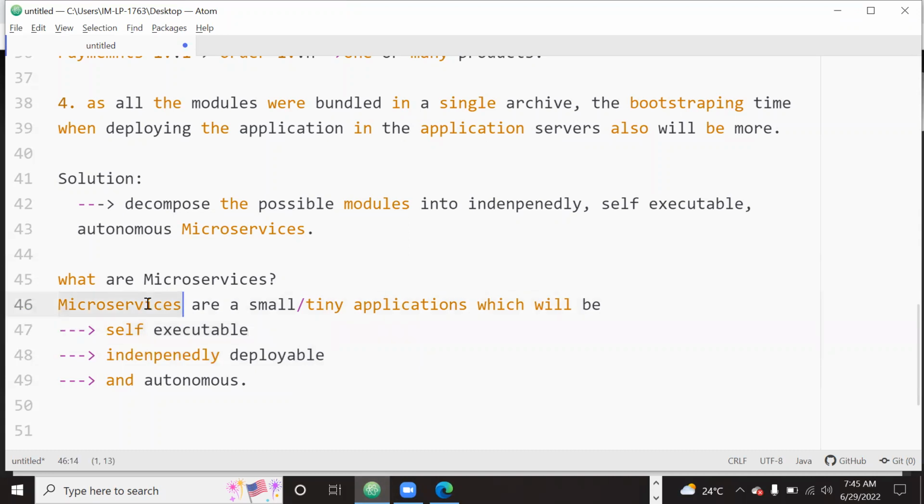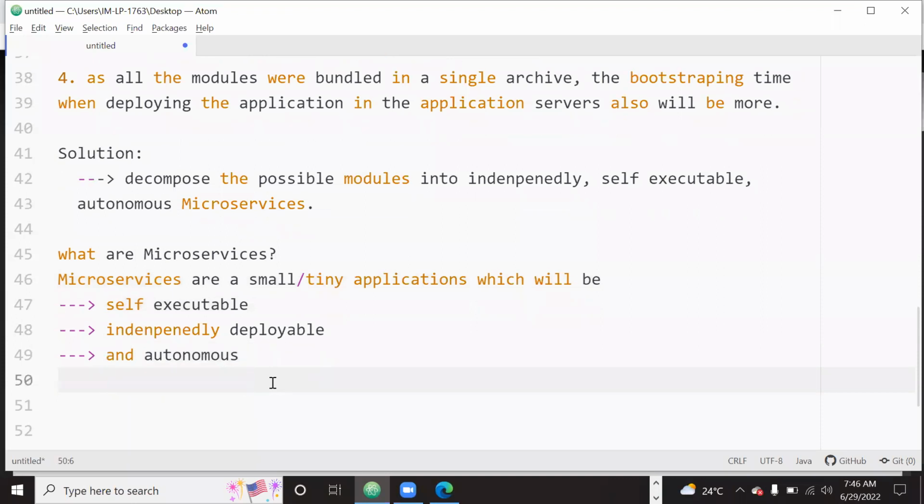These microservices have their own Tomcat server or some container, I could say. In that server, the microservice is executing, and autonomous. Why are we saying it is autonomous? Because each and every application will have its own JRE or JDK.